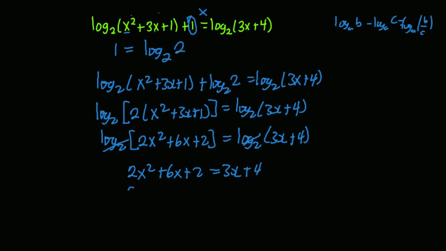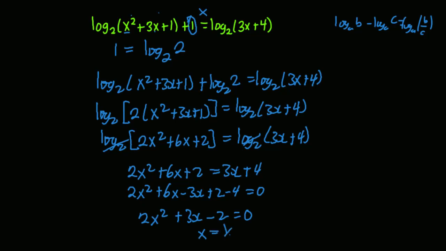So we'll end up with 2x squared plus 6x minus 3x plus 2 minus 4 is equal to 0. So we get 2x squared plus 3x minus 2 is equal to 0, where we'll get x is equal to 1 on 2 or x is equal to negative 2. So this approach also works.